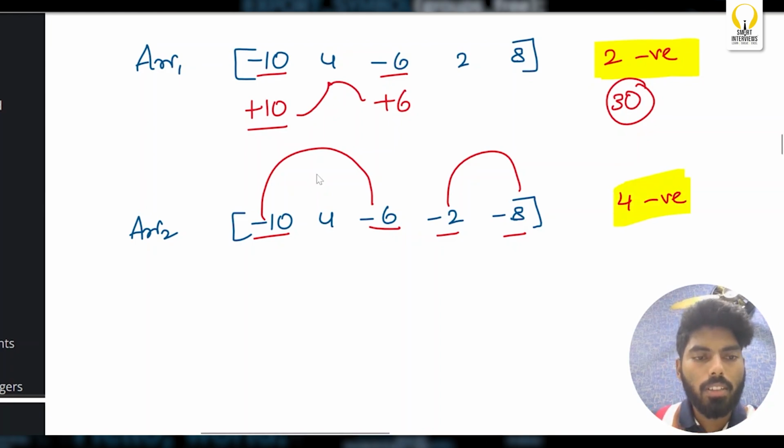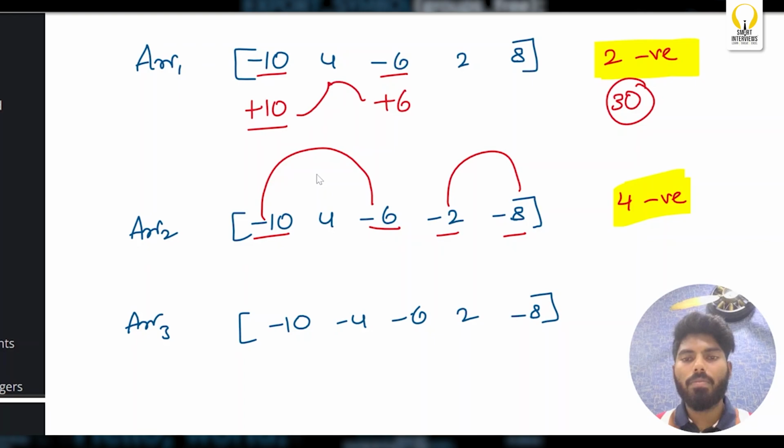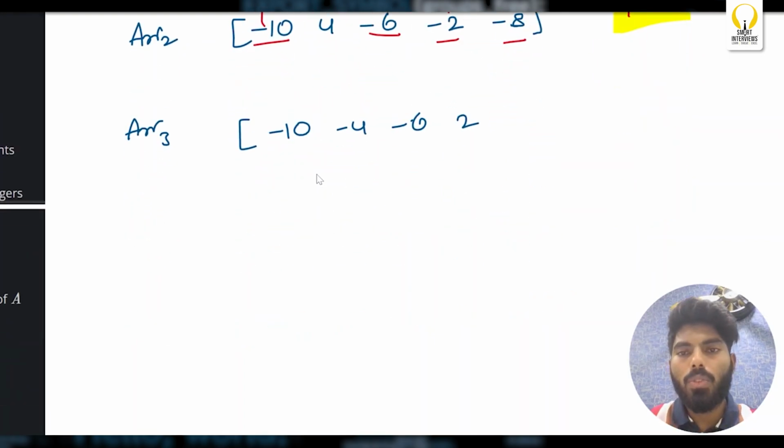Okay, now let us see the third one. Let's say the same array, I have -10, -4, -6, 2 and -8. Not -8, plus 8. So for this third array, what is the maximum possible sum that you can get?